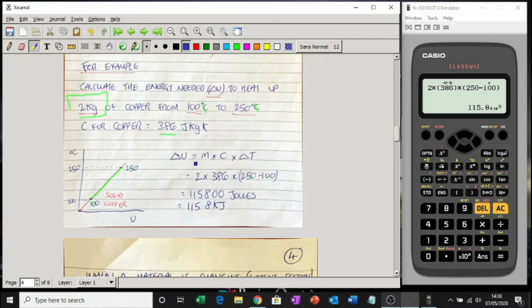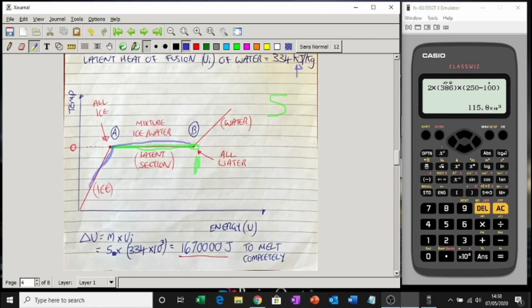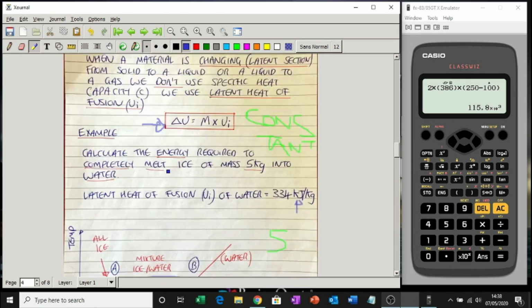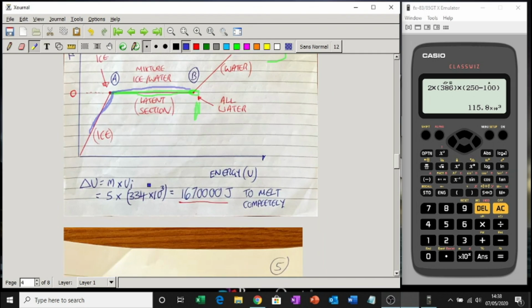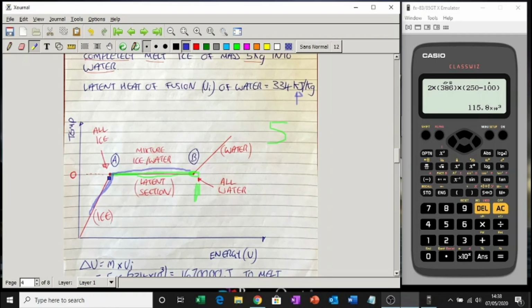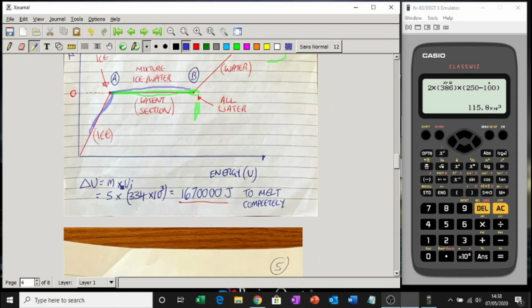So when we're using the c value, we're going up the hill. When we're going across the straight line, we'll use the latent heat values. So to change 5 kilograms completely from ice into water, it's m times the latent heat of fusion.